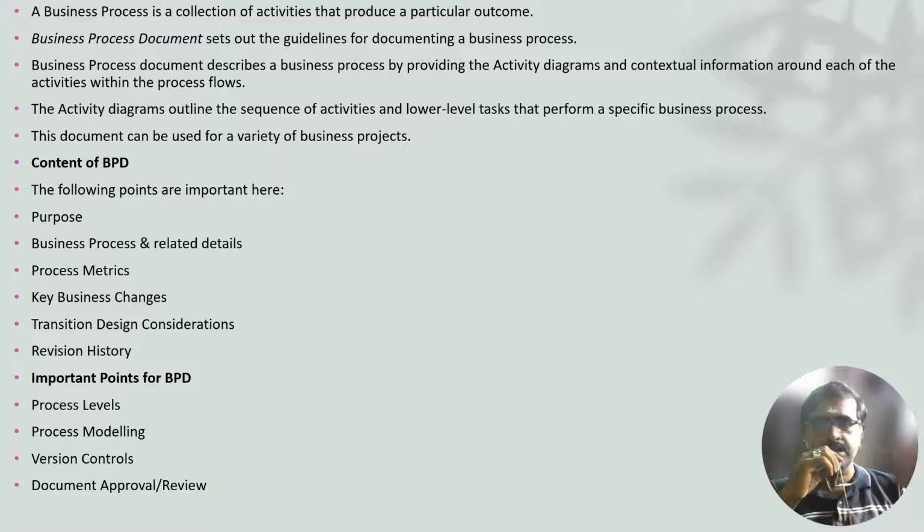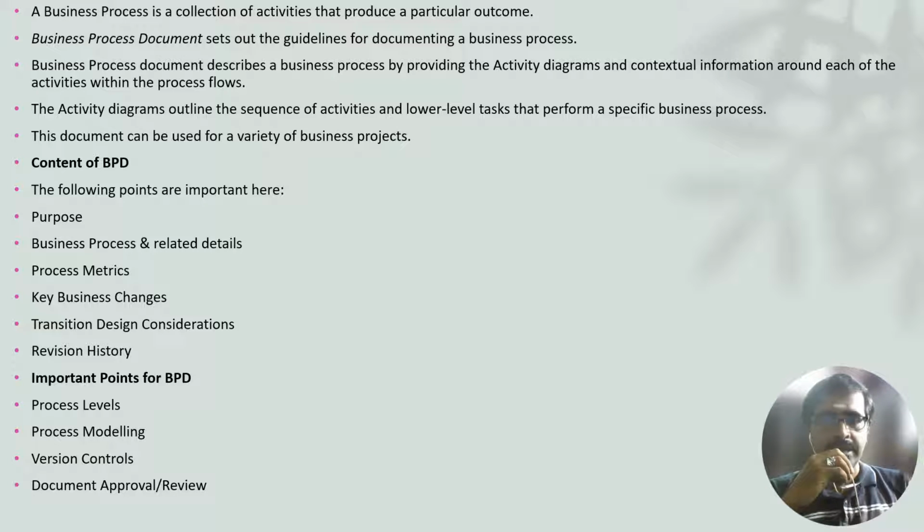And then key business changes. You need to document what business change you are expecting from the current one. If it is creating any risk or any problem or delay, how to mitigate it? You need to capture these business changes from the existing business process. That will help the business user to go through the handbook, and then they can easily understand what is to be done.